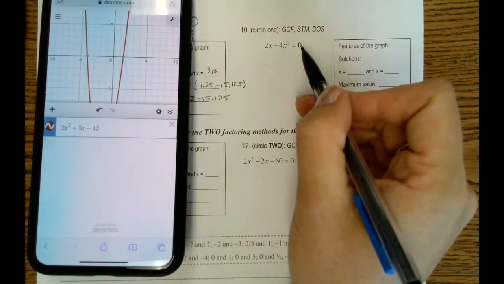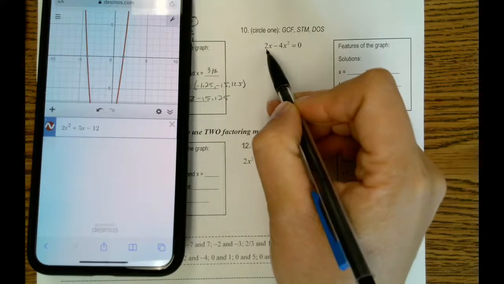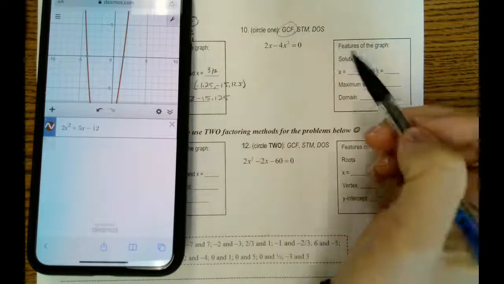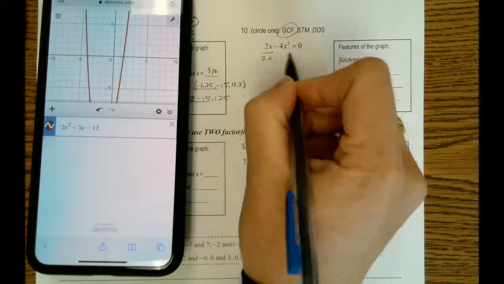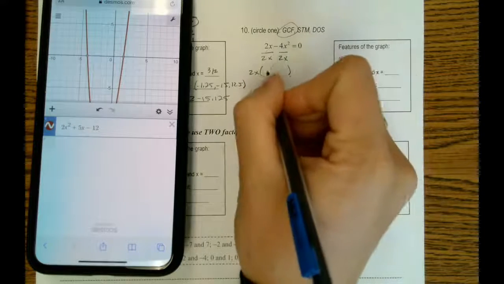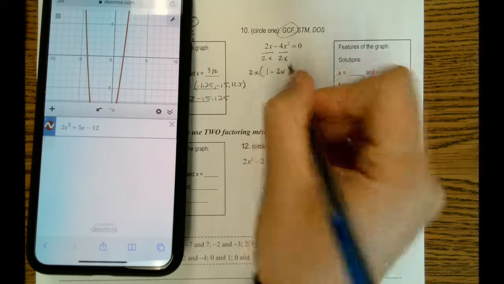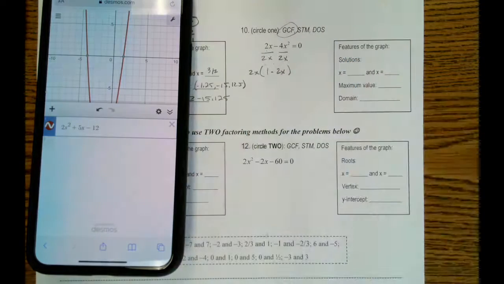Okay, number 10. So if you look at this one, this could be difference of squares. However, 2 is not a perfect square. So we're going to go ahead and GCF. And we can divide out a 2x from both terms. So we're left with 1 minus 2x inside.